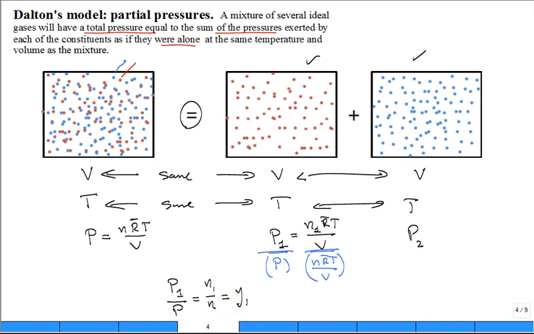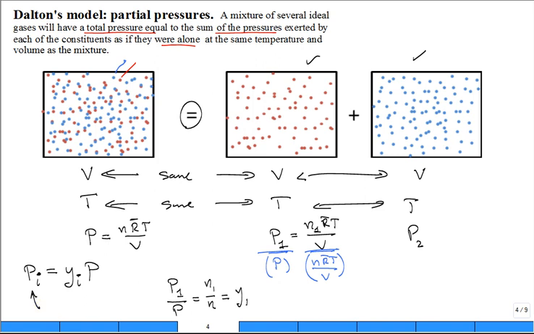Or in general, instead of just thinking of 1 and 2 components, let i be the general 1, 2, 3, all the way to however many components you have. That partial pressure is equal to the mole fraction of that component times the total gas pressure. So this is the partial pressure.